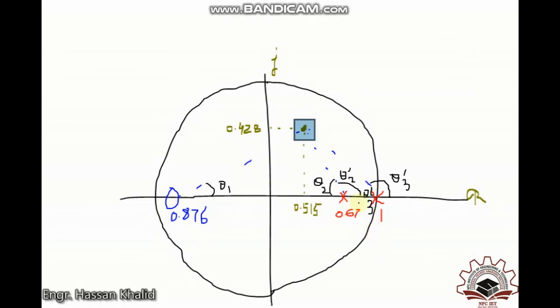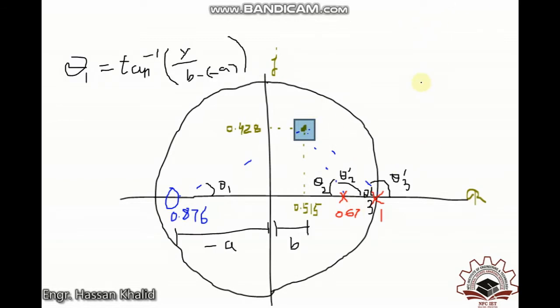So let's find out theta 1. In order to find theta 1, it's equal to tan inverse of perpendicular divided by base. The perpendicular is 0.428, divided by the base, which is the horizontal distance from this point to the location of the zero. The critical point to remember is that some portion is in the negative direction, while the rest is in the positive direction. So you have to find the overall distance.